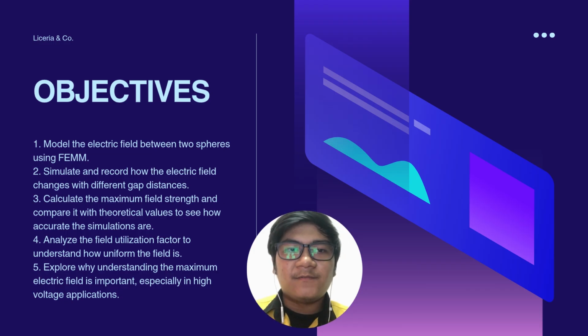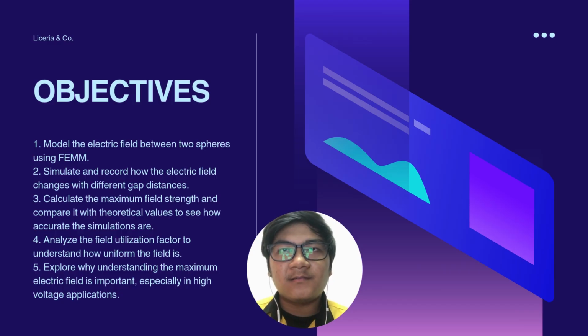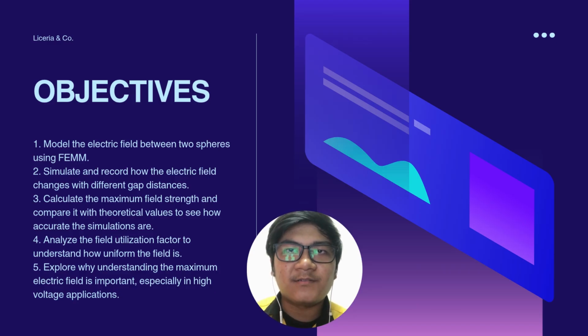So the objective of the task, the first one, is to model the electric field between the two spheres using the FEMM software. The second one is to simulate and record how the electric field changes with different gap distances. The third one is to calculate the maximum field strength and compare it with the theoretical values to see how accurate the simulation is.